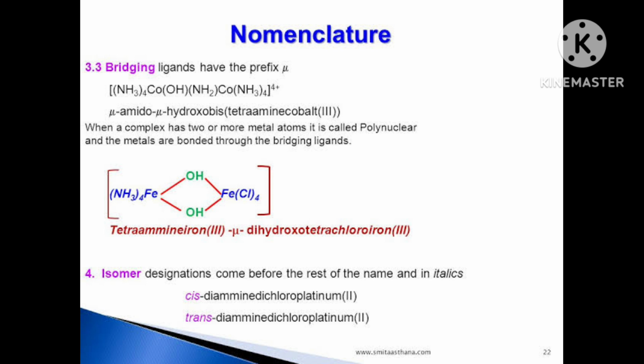If not, then it will be 0. Correct? If no charge is mentioned, it means it is 0. Then easily you can calculate the oxidation state of central metal ion.